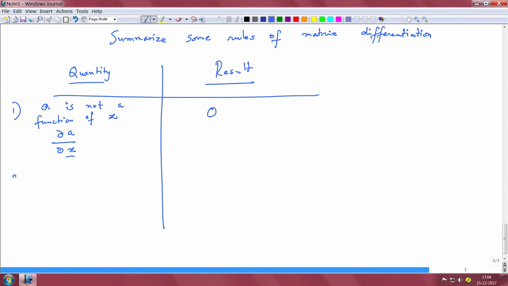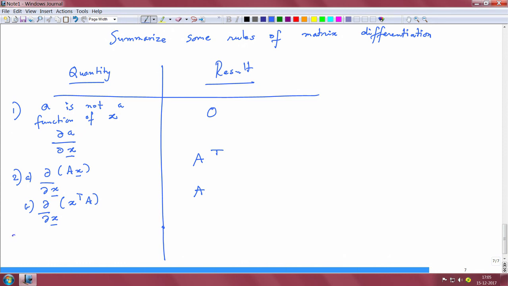Then we saw that ∂Ax upon ∂x, x is a vector, is A transpose, and you could do the other way around, you could take x transpose A. If you did ∂ of x transpose A with respect to ∂x, you should get A here. Okay, two different variations.